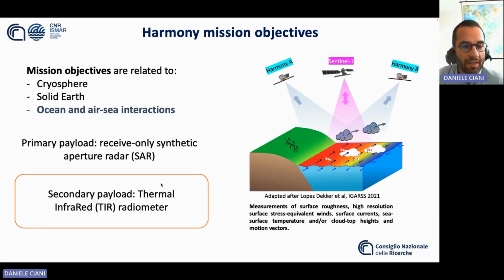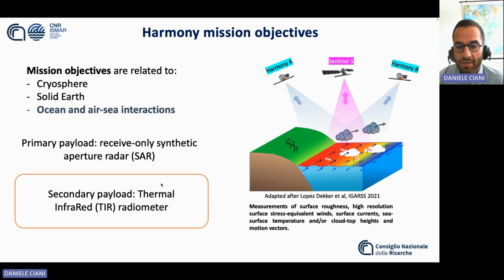The Harmony mission objectives are very briefly summarized here. So they will be related to cryosphere, solid Earth, and for today's topic, mostly ocean and air-sea interaction. On your right, you can have a sketch of the Harmony mission. It is actually given by two small platforms, Harmony A and B, that would fly in configuration with the Sentinel-1 satellite.